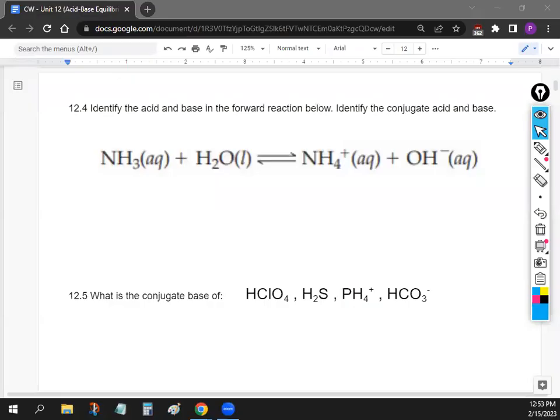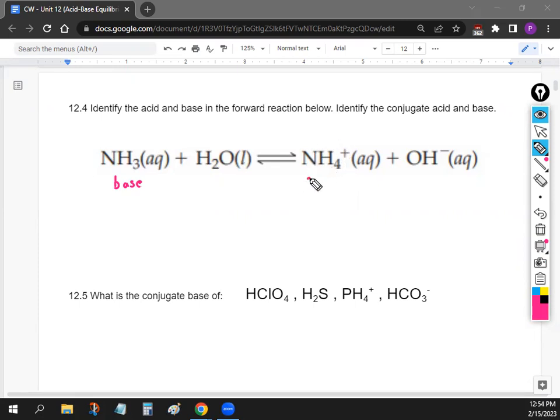If we take a look at 12.4, who thinks this is an acid? Who thinks this is a base? Yes, this is the base. Great job, everybody. NH3 is the base because on this side it gains a proton. So what term do we call NH4 plus?